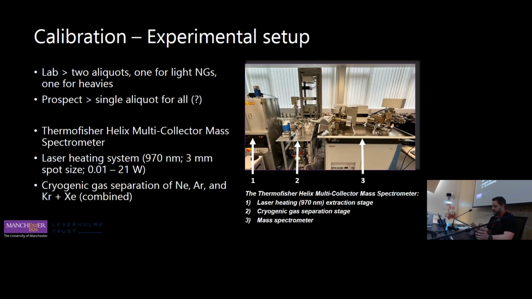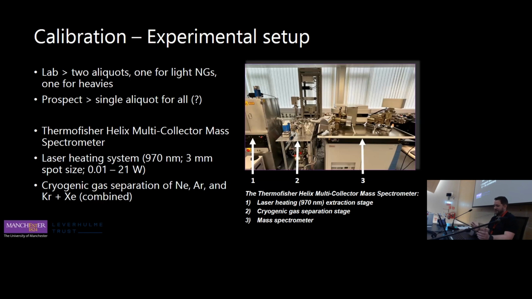We release these and measure them in sequence using the mass spectrometer, kind of in a similar way to what we expect the Prospect instrument will be able to do. We've also recently modified these protocols to test whether subsplitting the extracted gases into known volumes would cause any unforeseen issues within the data reduction process or the measurement itself, as this is something that should be possible using Prospect.